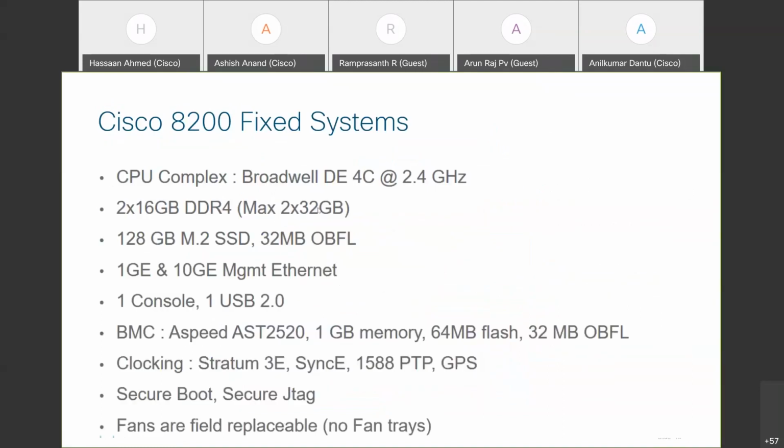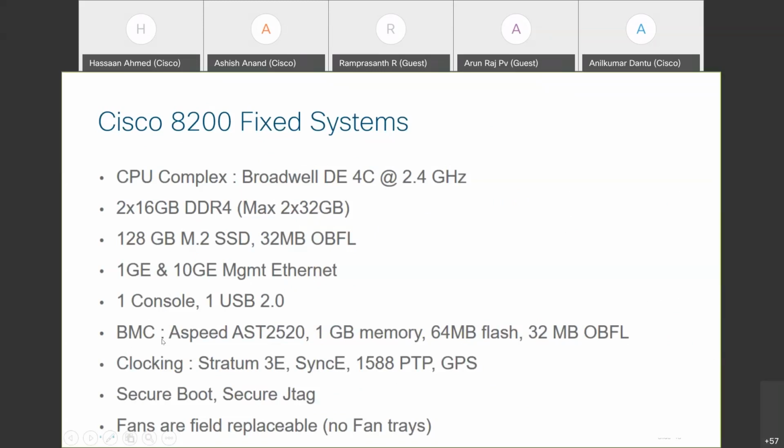The fixed systems use the Intel Broadwell CPU of 2.4 gigahertz. It has 32 GB of memory, 128 GB of hard disk, and our standard console and USB ports. Also, one difference that we should notice is it has a BMC port on it.